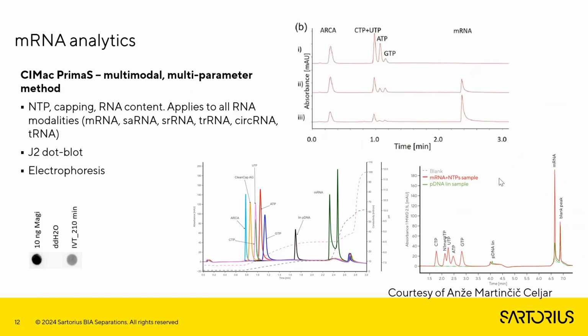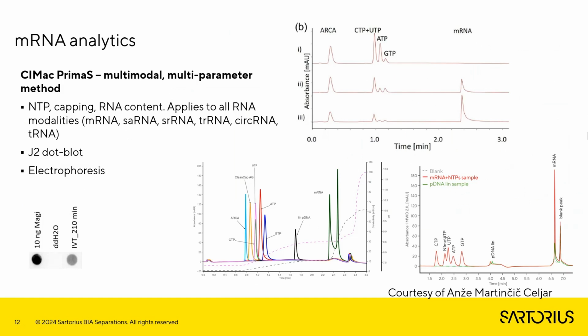It means that we can capture mRNA and elute it in a very short space of time. And because of the high resolution, we can separate out the nucleotides that are also in the reaction. We can, in fact, also separate the capping reagent as well as the DNA. So we can more or less see the whole reaction on a plate. And what's best about it is that we can do that in somewhere between 3 and 7 minutes, depending on the method that we take.